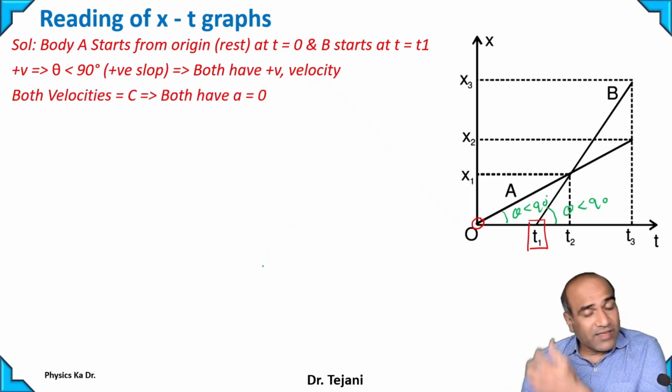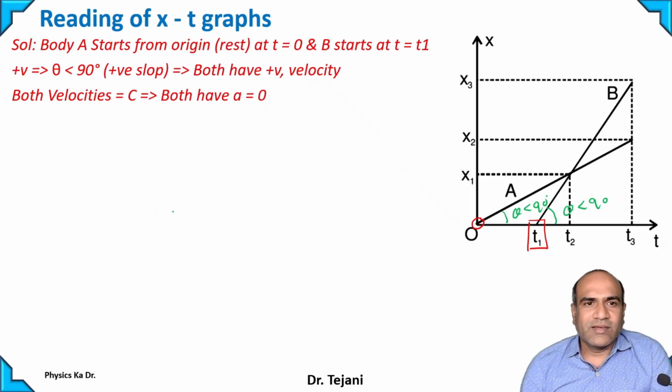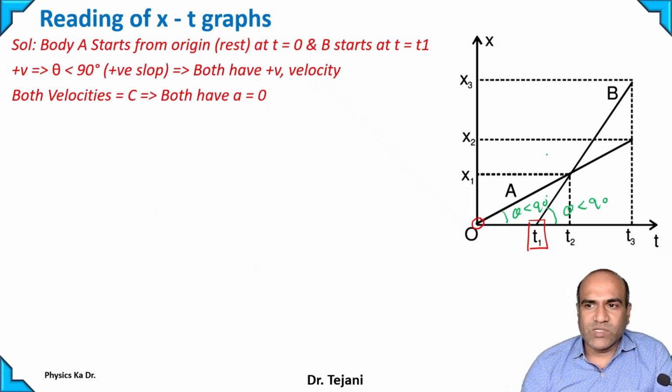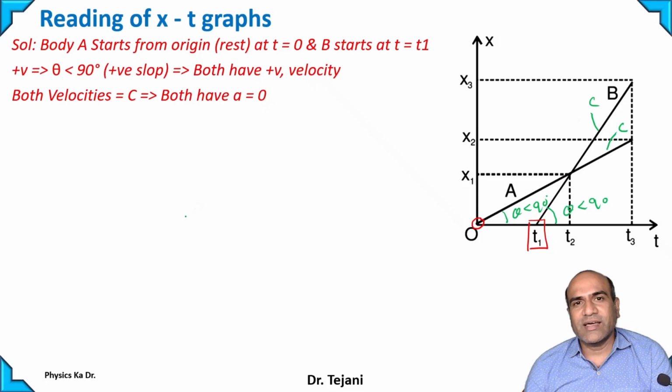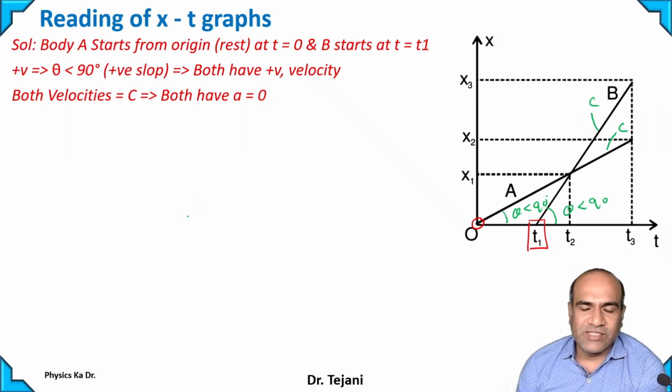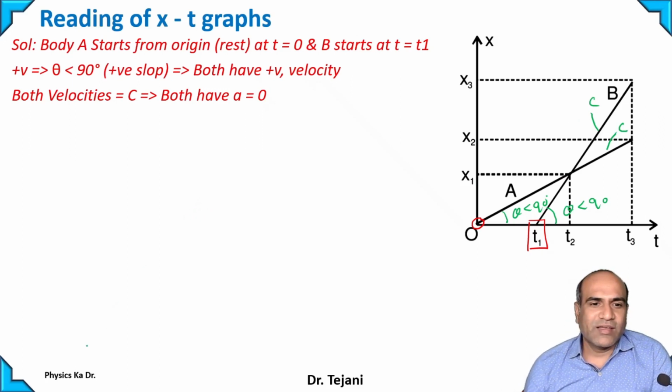Then both the velocities are constant. See, this graph is constant, this graph is also constant. That means acceleration should be zero. Or you can have constant acceleration also. That will work. Then what next?